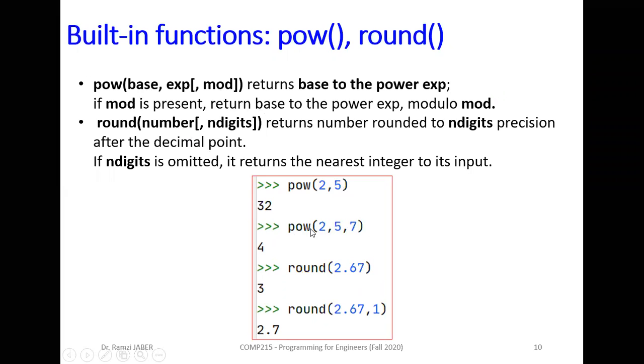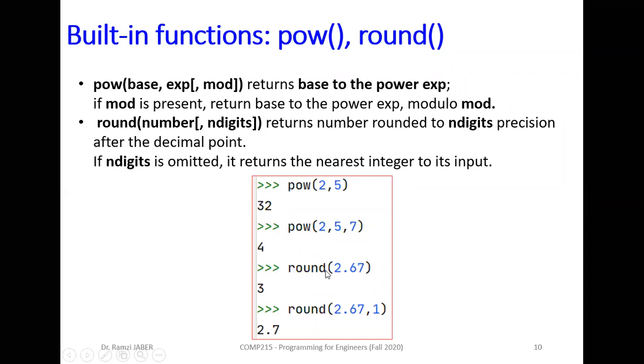It will be 2 power 5, 32, divided by 7, modulo 7, to give us the remainder. 32 divided by 7, 4, 28, the remainder will be 4. No commas here. Okay, just integer.